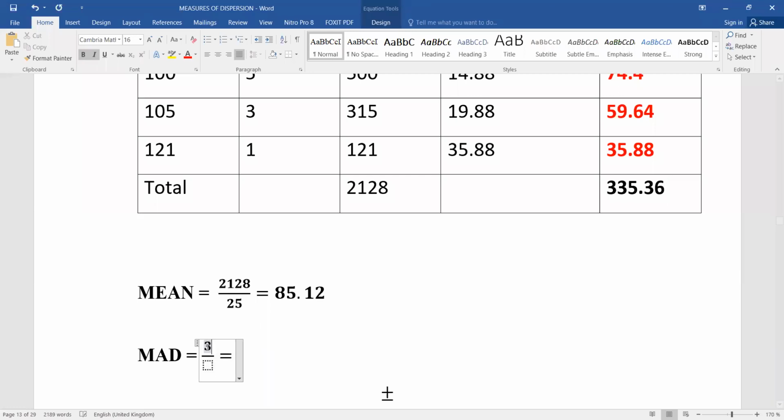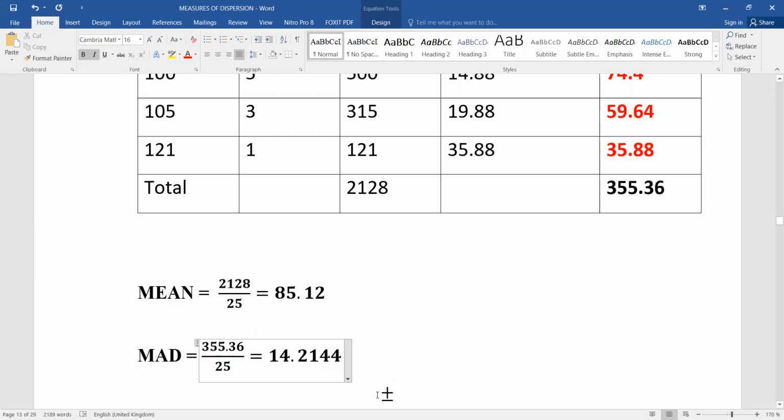So we shall have 335.36 divided by 25, which is 14.2144.